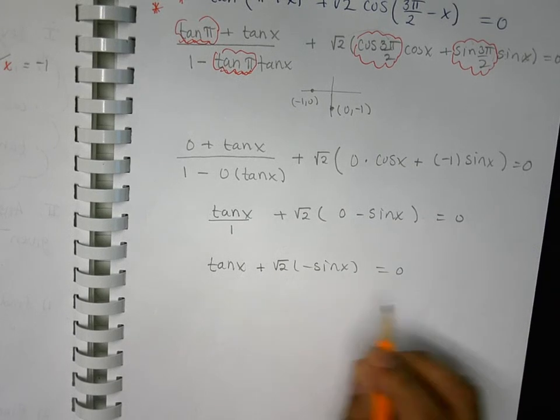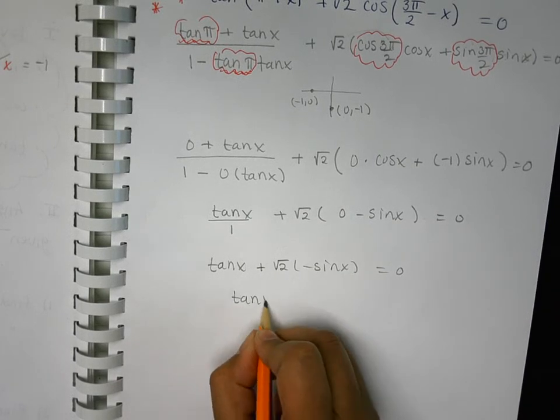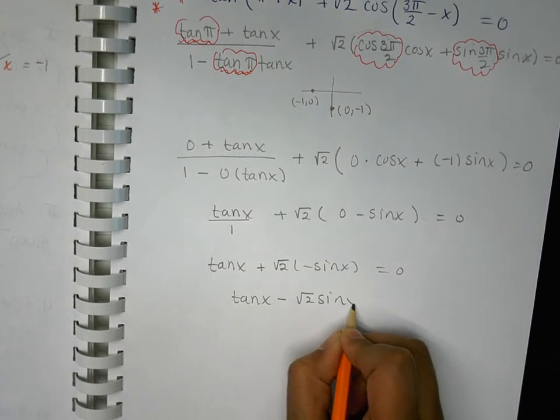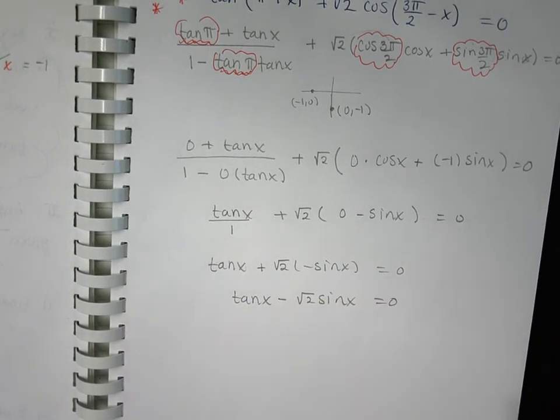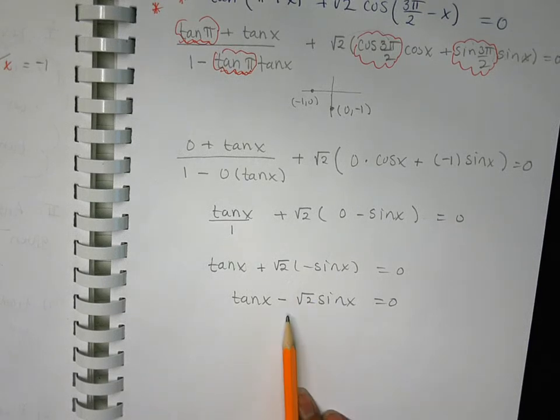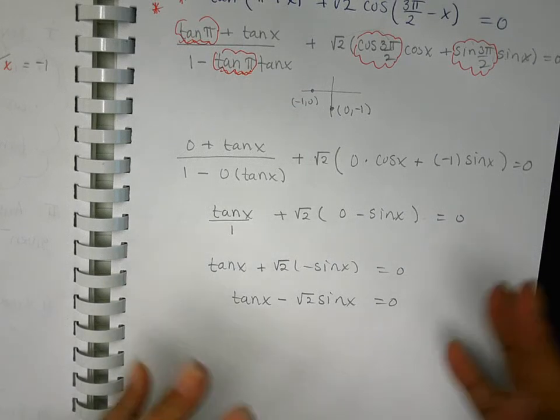Can we rewrite that then as tan x minus root 2 sine x? Is that equivalent and easier on the eyes? Because this is the way we're used to seeing it, right? Root 2 times negative sine x is negative root 2 sine x. Yes or no? All right. Not done, but we've gotten as far as we can as far as cleaning everything up.